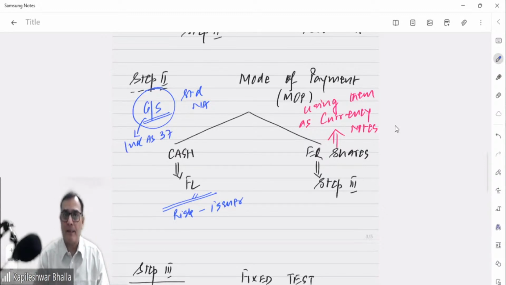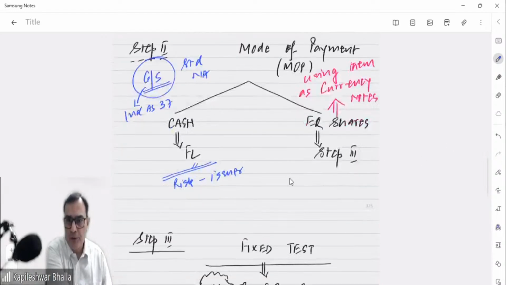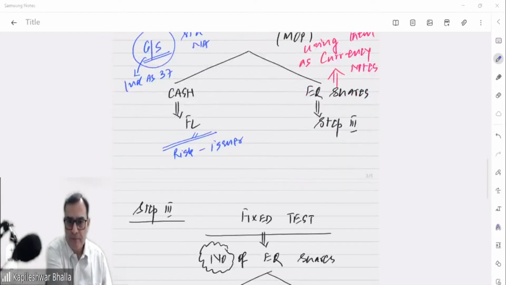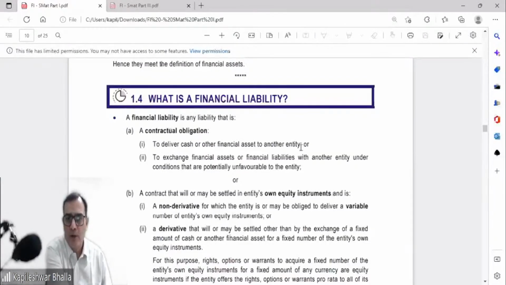Okay, I think now it's time that we apply this model to a few questions. So I'm going to take you to the study material, friends, and we're going to have a look at the questions.